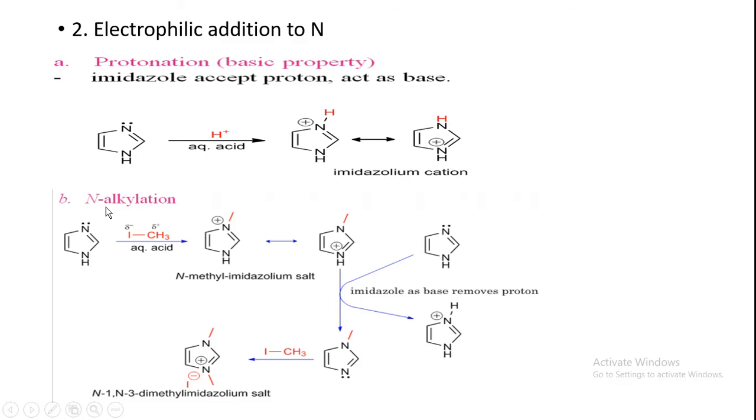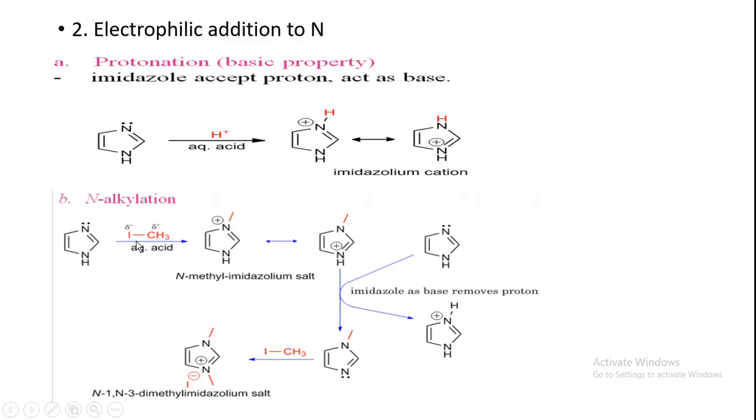Next, another type of electrophilic addition to nitrogen reaction, that is N-alkylation. That means addition of alkyl group, either methyl or ethyl, whatever, to the nitrogen, okay. Addition of alkyl group to the nitrogen is known as alkylation.